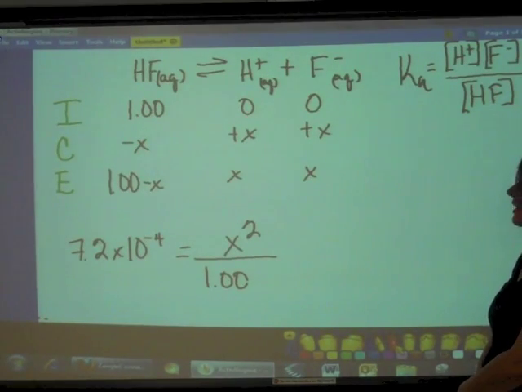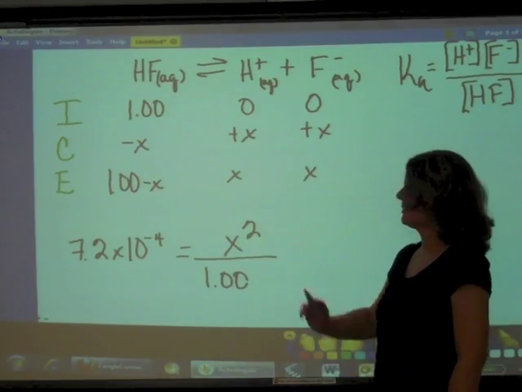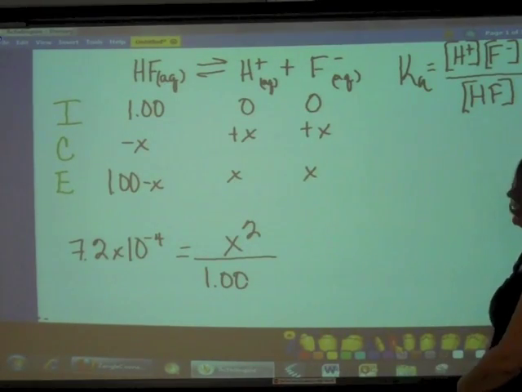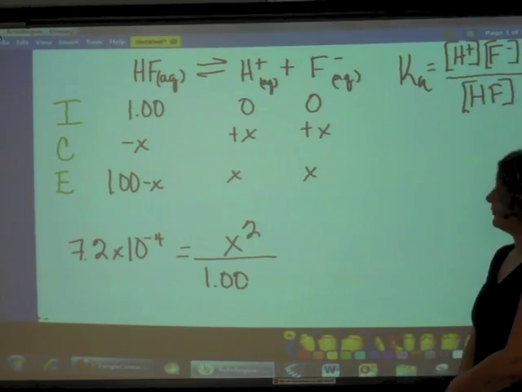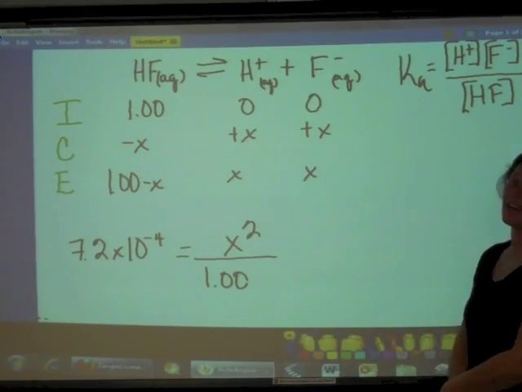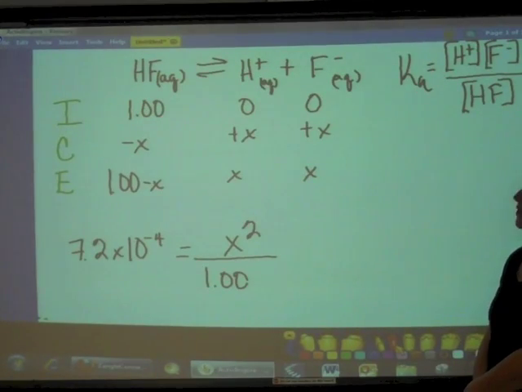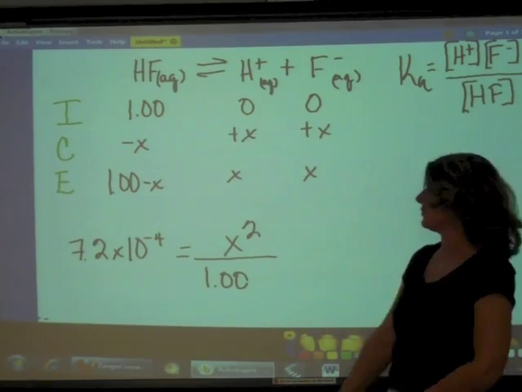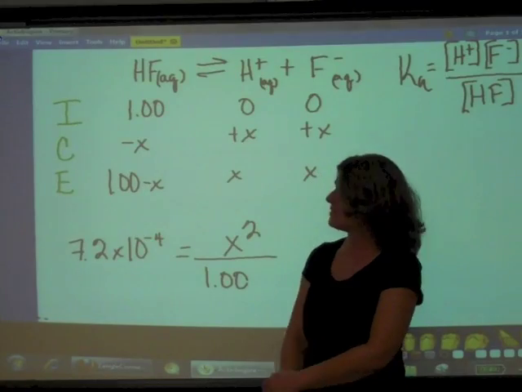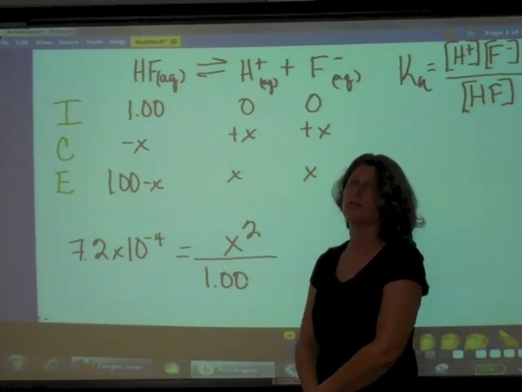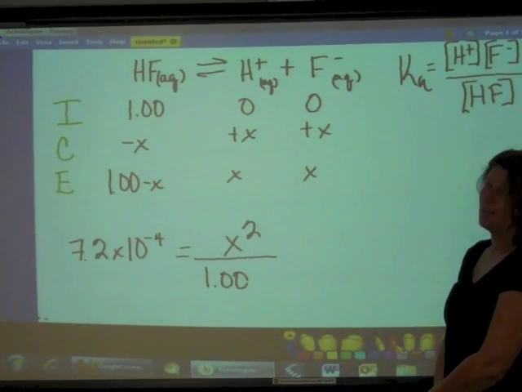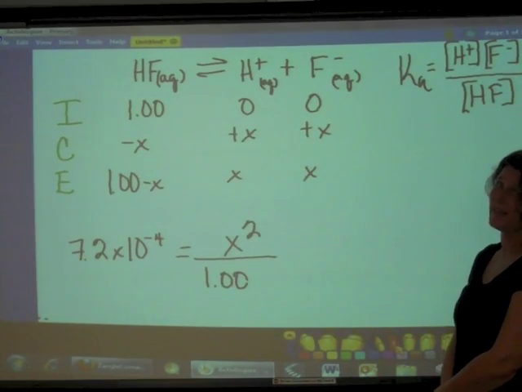I do not need to use the quadratic now to solve for x. Now, why on earth would it be okay for me to get rid of that x down there? Well, look at this value of K. It's small. The amount of x that we're going to lose is going to be pretty negligible.